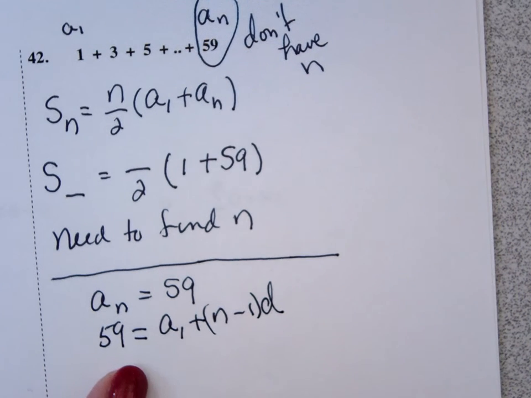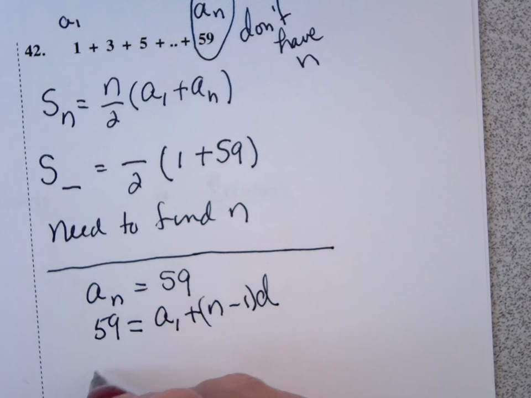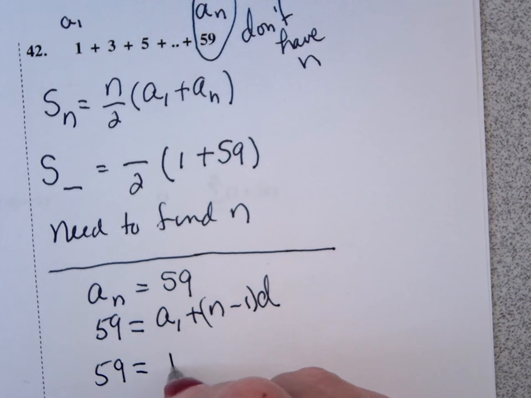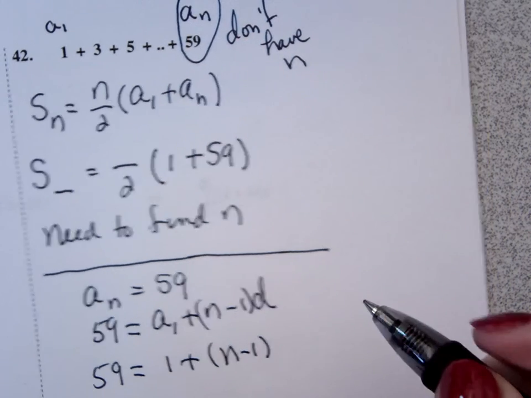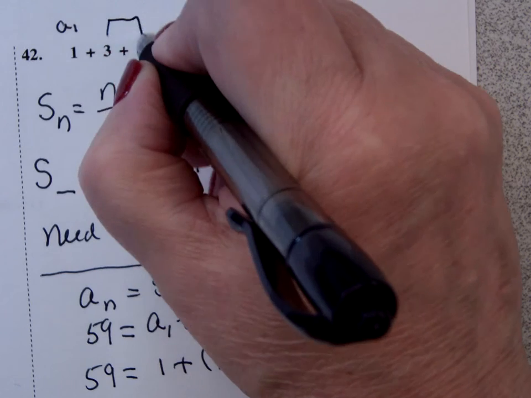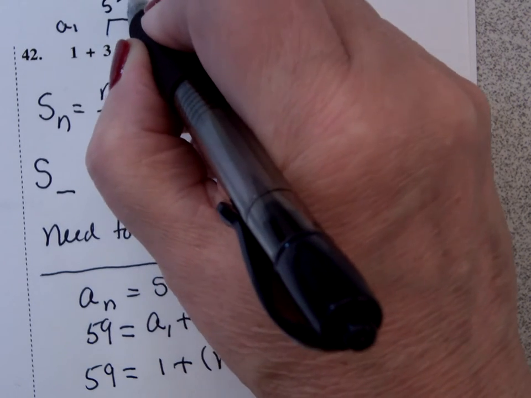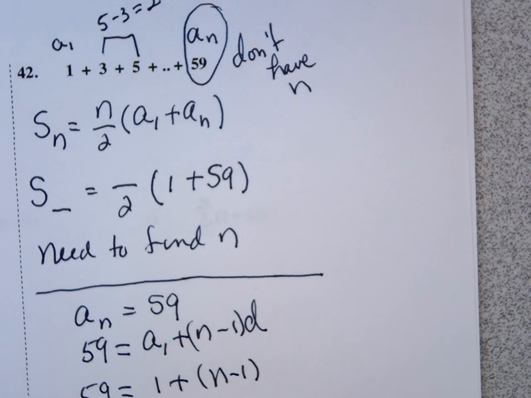Do I know what a1 is? 1. Yeah. I don't know what n is. I need to find that out. What's d? 2. Yeah, I go from one position to the next. 5 minus 3 is 2. So that's d.